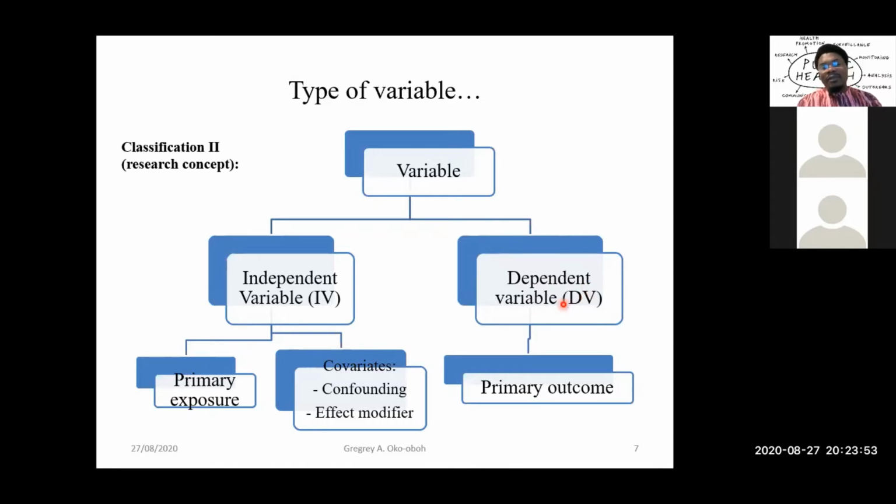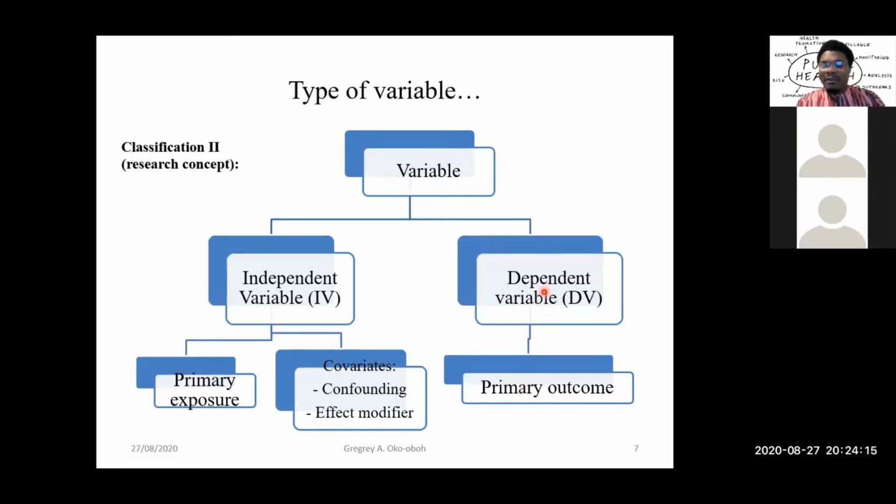Now, the dependent variable is also known as the outcome of your study or your research. That which you want to measure, your main interest, that which your research problem or question revolves around, and you really want to measure it. That is the primary outcome of your study.